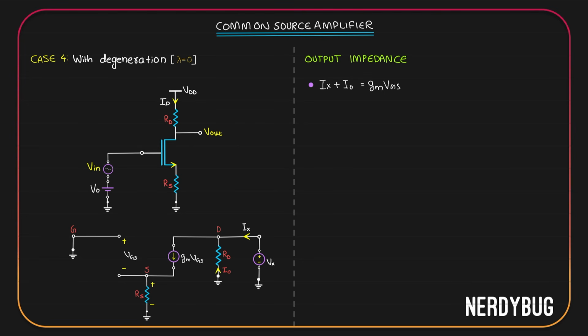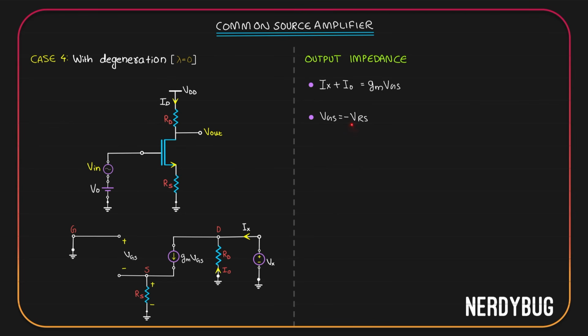Now consider this loop. We have two potential drops. One is VGS, the other is potential across Rs, VRS. According to Kirchhoff's voltage law, their sum should be equal to 0. VGS plus VRS should be equal to 0, or VGS should be equal to negative of VRS.